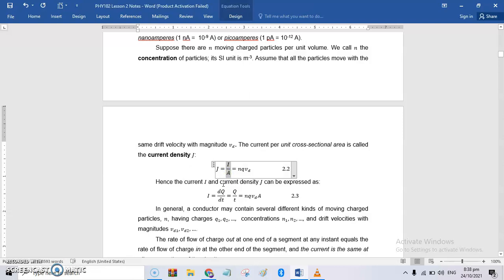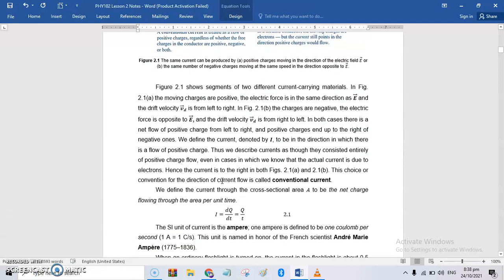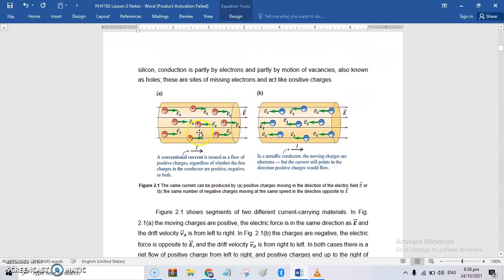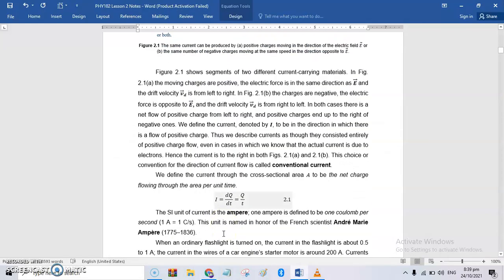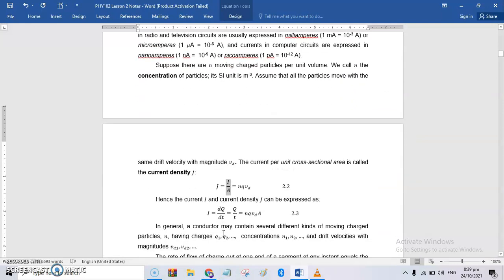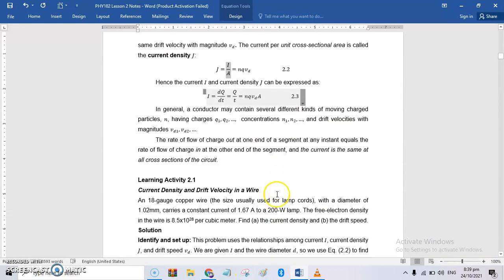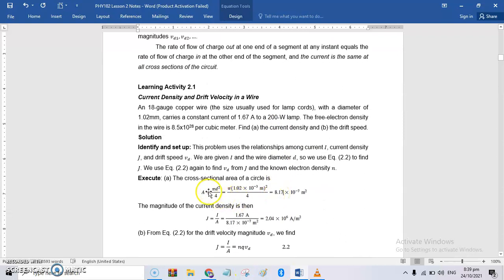The area of our wire is circular, so that is a circle. The area of a circle is pi d squared over 4, or pi r squared.